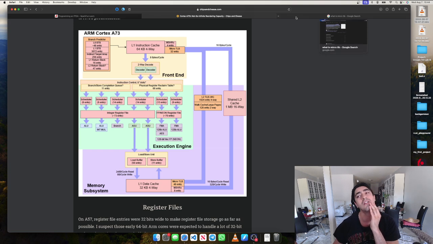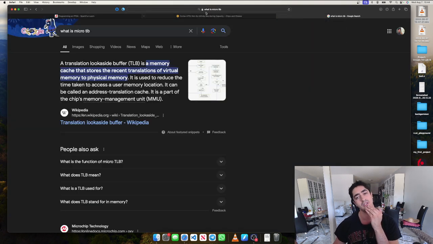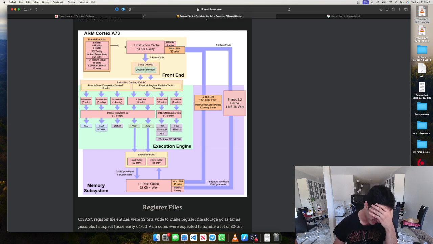Translation look-aside buffer. TLB is translation look-aside buffer. So we have this scheduler 6 in 3, scheduler 6 in 3, scheduler 14 in 3, scheduler 14 in 3, and do we put this together?